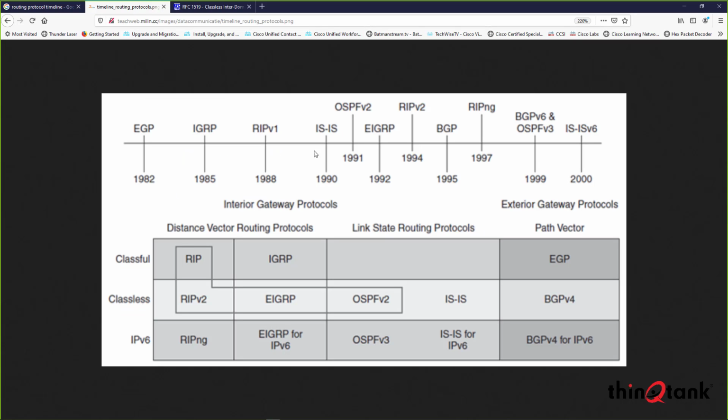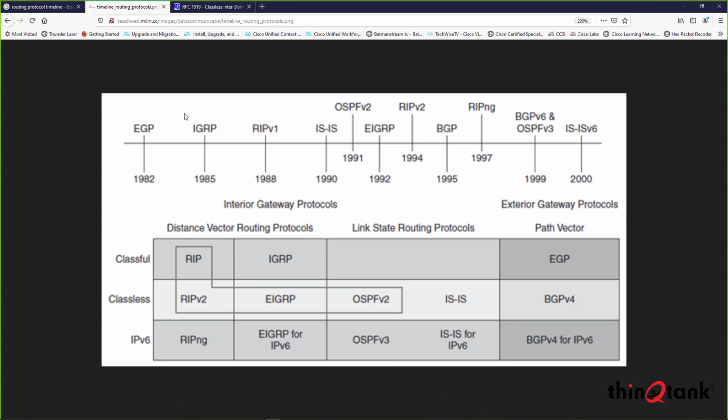So right around this time, 1990, 91, 92, this is the heyday of routing. This is where routing protocols really became mainstream, right? OSPF and EIGRP. Notice the very first routing protocol, IGRP. EGP was a routing protocol, but it was used for external routing, like on the internet.